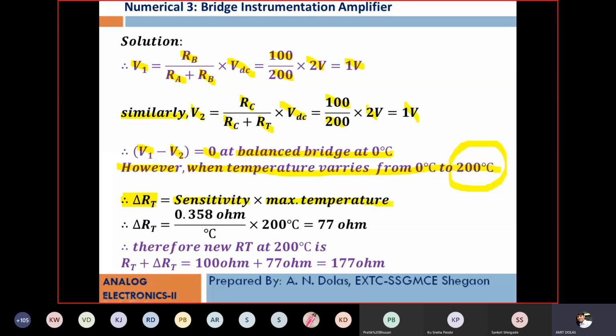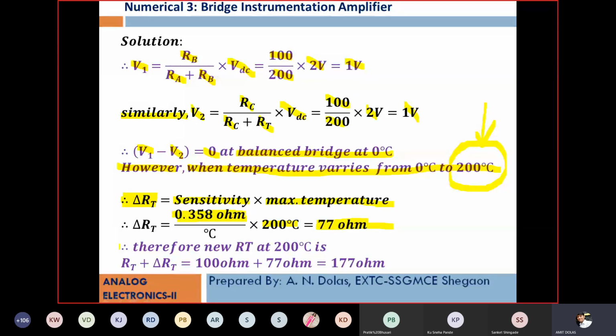So it comes to 77 ohm. That means if temperature increases from 0 to 200 degree centigrade, your resistance RT will also increase. Considering positive temperature coefficient, RT increases by 77 ohm.